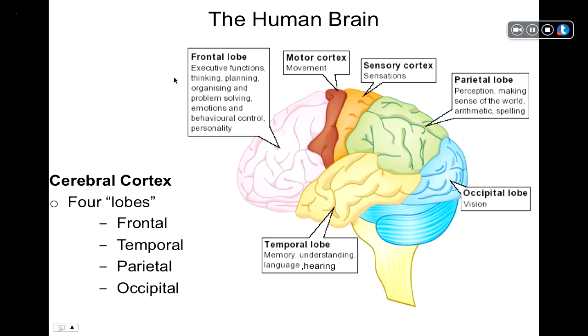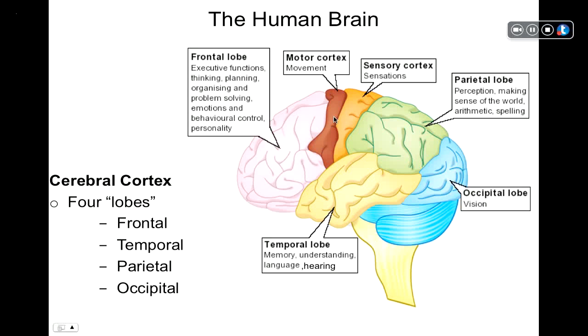This is where Phineas Gage experienced his trauma, or at least some of the trauma to his brain. The frontal lobe manages executive functions: thinking, planning, organizing, problem solving, regulation of emotions, behavior control, and personality. So you can see that damage to the frontal lobe will likely result in that frontal lobe personality, such as Phineas Gage experienced.